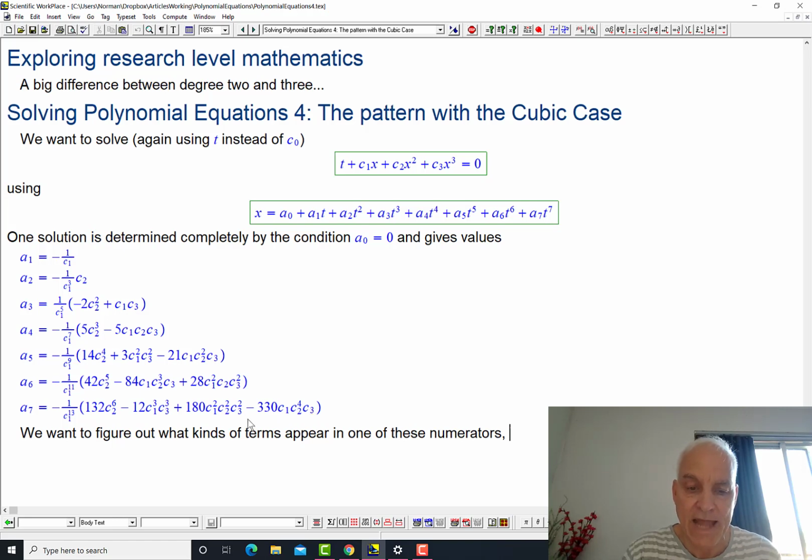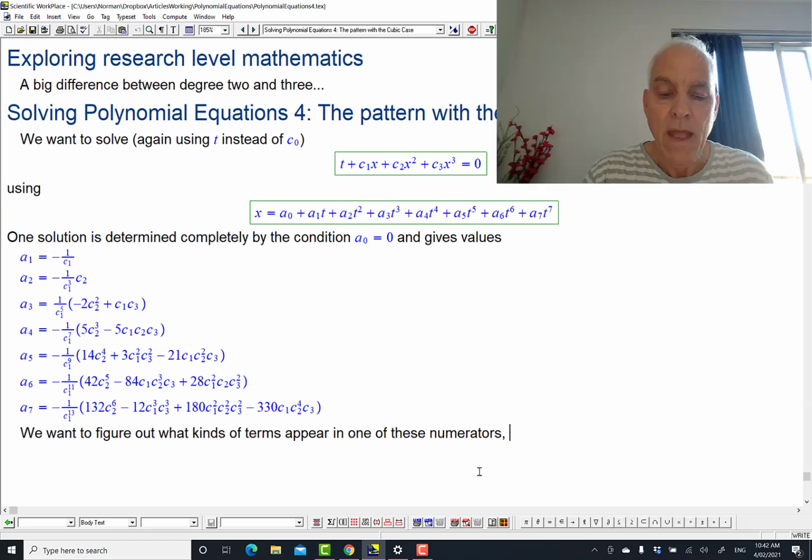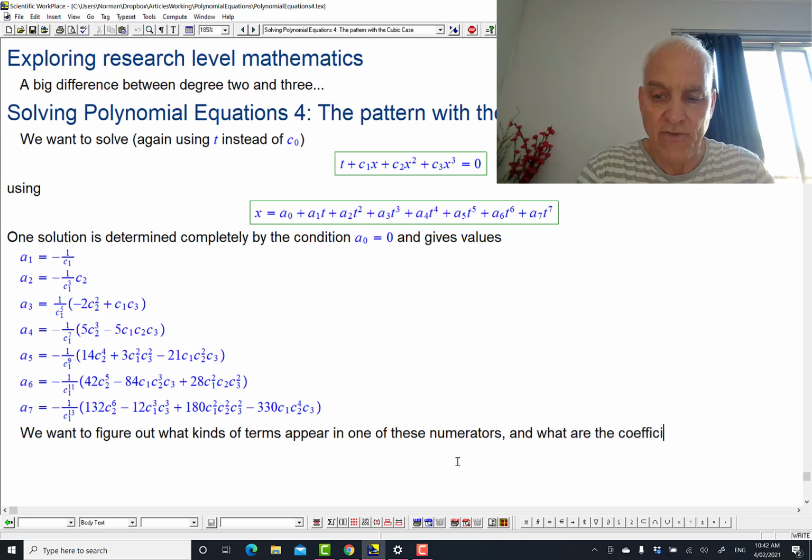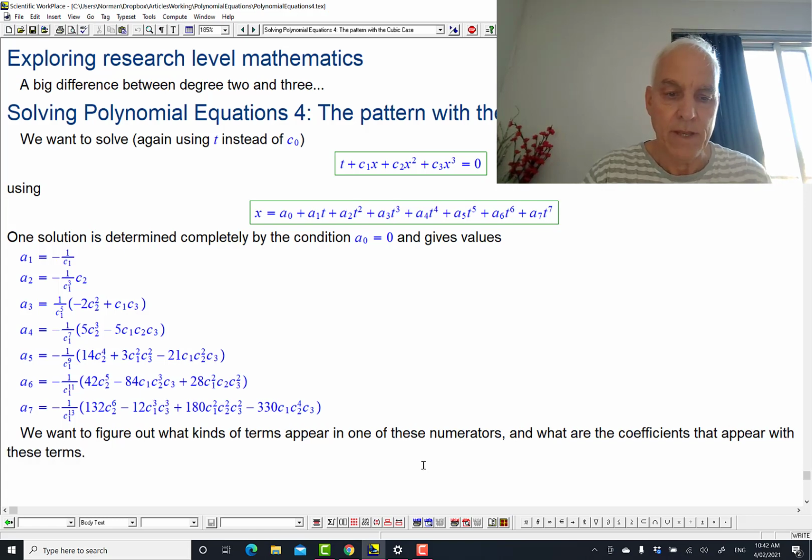Why do we get exactly these three things in addition to this power of c2? And we want to figure out what the coefficients are that appear with these terms. In other words, why does this term that's appearing have a coefficient of 180 in front of it? What's the significance of 180?